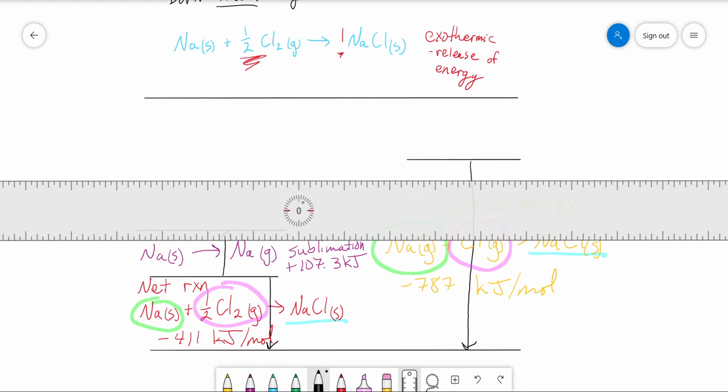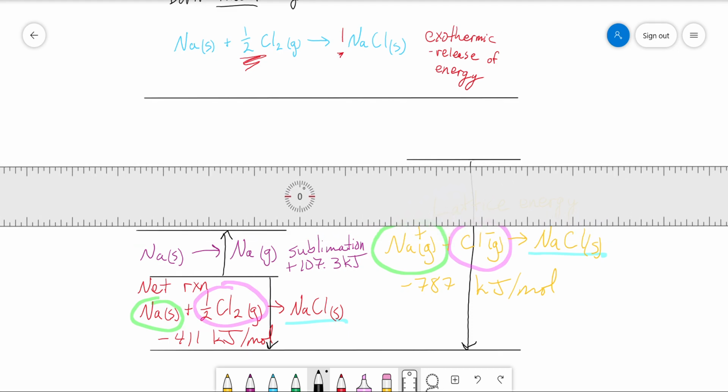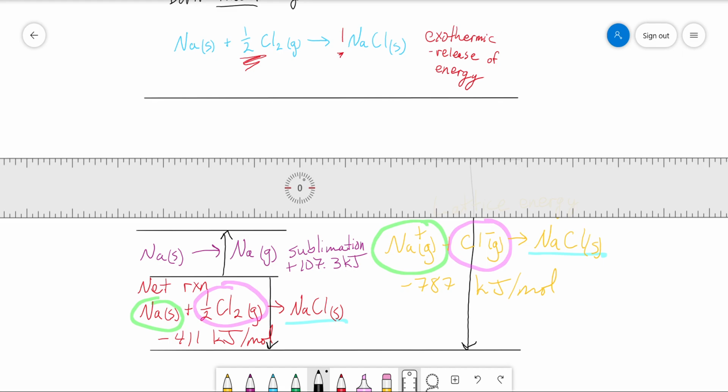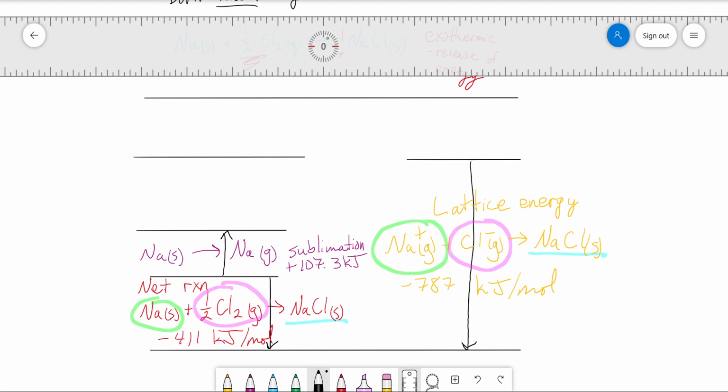Next, I'm going to talk about the ionization energy of sodium. So draw another line here, and my graph isn't necessarily going to be to scale. Don't worry too much about that. So we have sodium gas, but we need sodium plus gas. So next step is going to be Na gas going to Na plus gas.